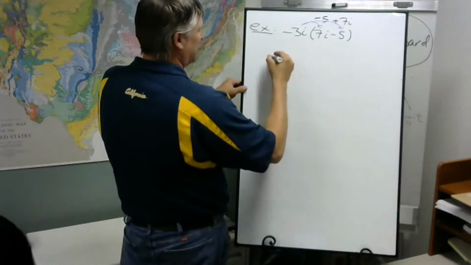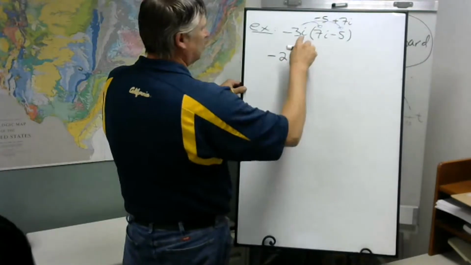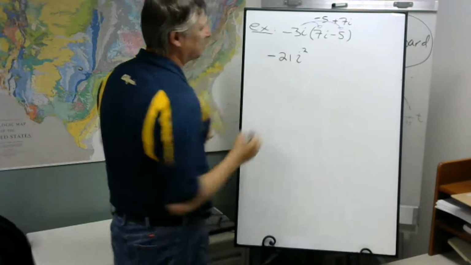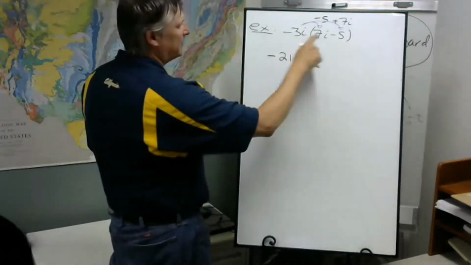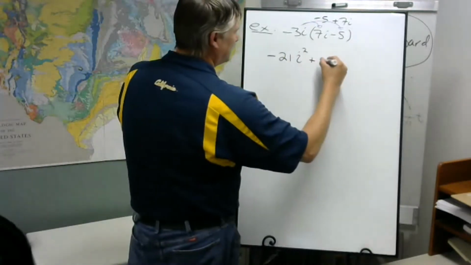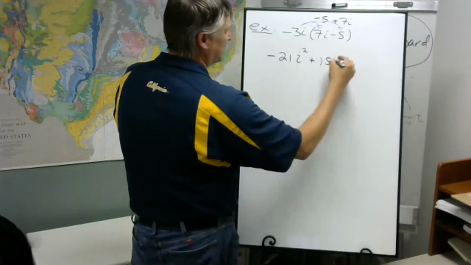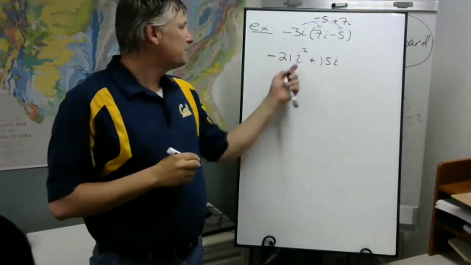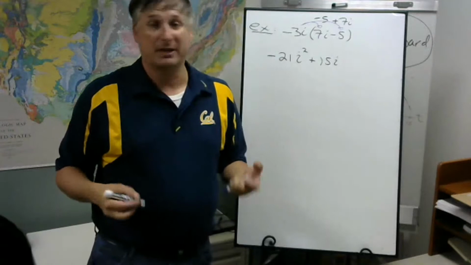-3 times 7 is -21. There's 2 i's, that's i squared. And then -3 times -5 is plus 15, and this brings over an i. So we get something like that. But remember, i squared is -1.